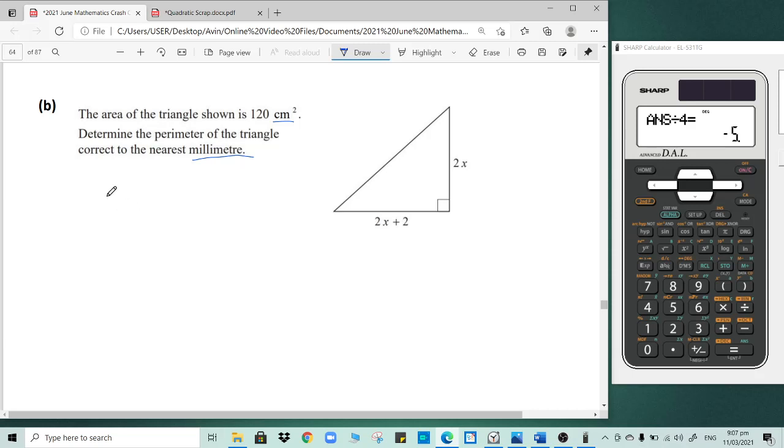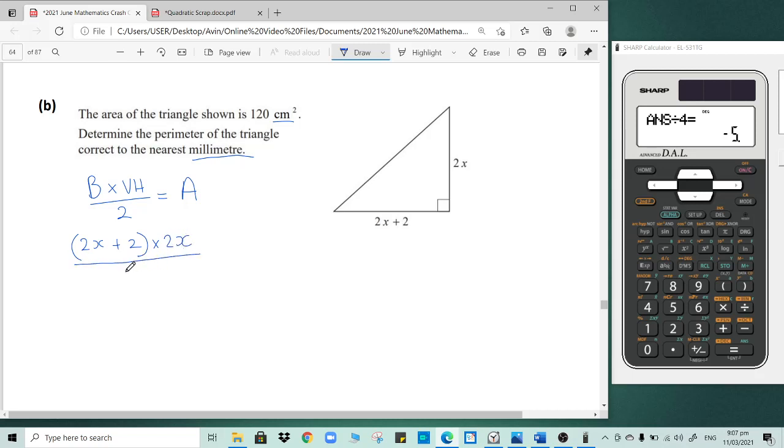How do you find the area of a triangle? Base times vertical height divided by 2 will give us the area of the triangle. The base is 2x plus 2. I'm going to put that in brackets, multiplied by the vertical height, which is 2x.